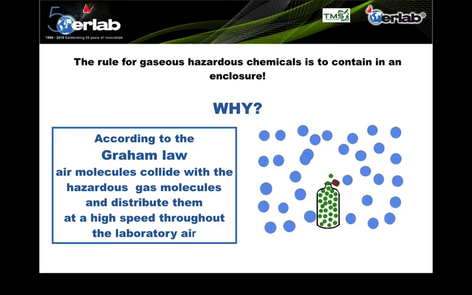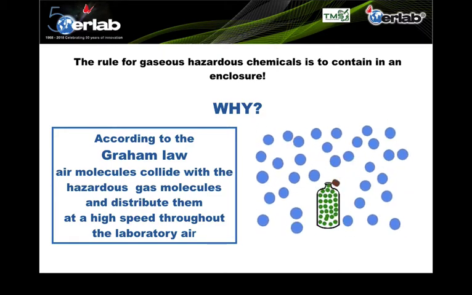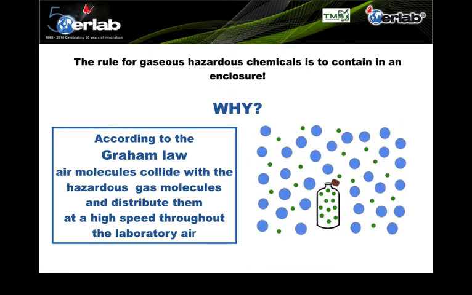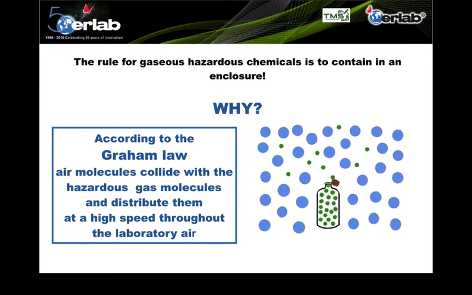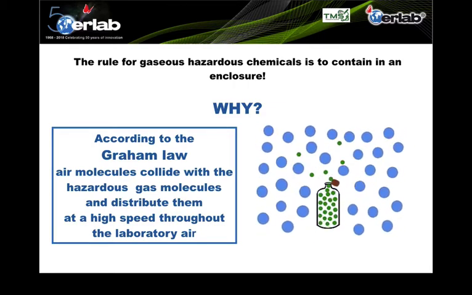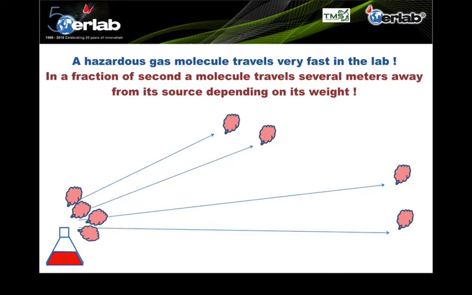Why? Because according to Graham's law, air molecules collide with hazardous gas molecules, which are distributed at a very high speed throughout the laboratory air. You can see this from the graphic. Hazardous gas molecules travel very fast in the lab. In a fraction of a second, a molecule travels several meters away from its source, depending on its weight.